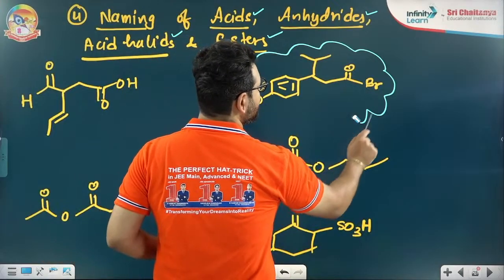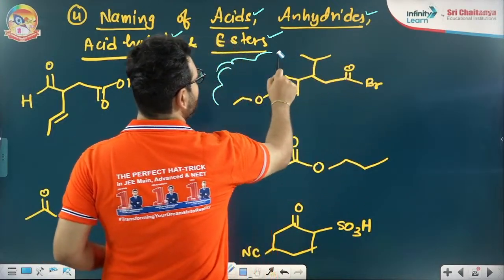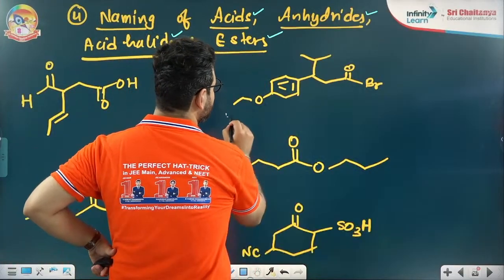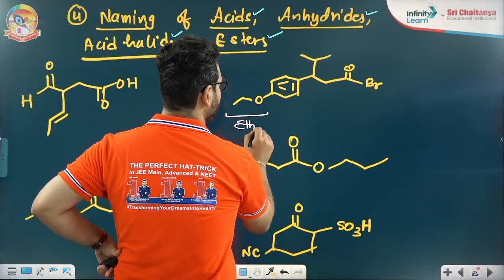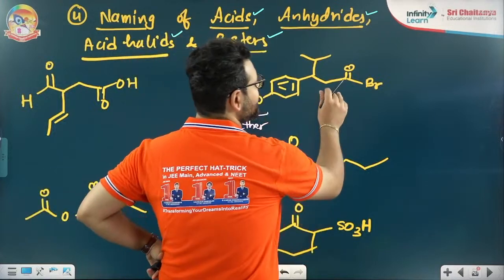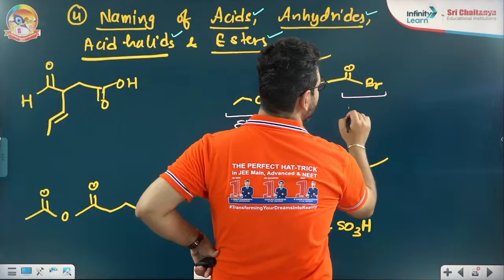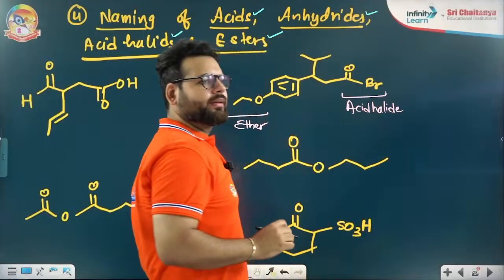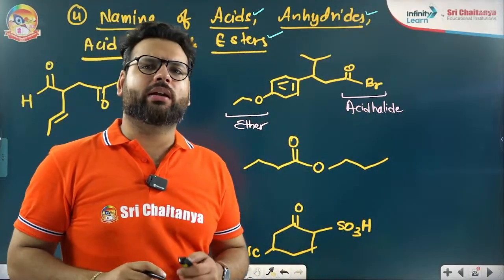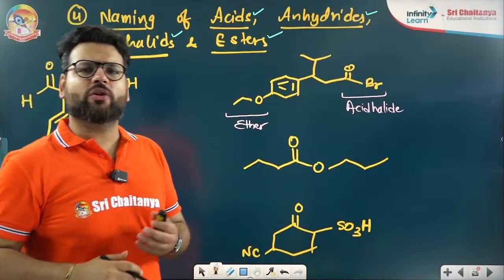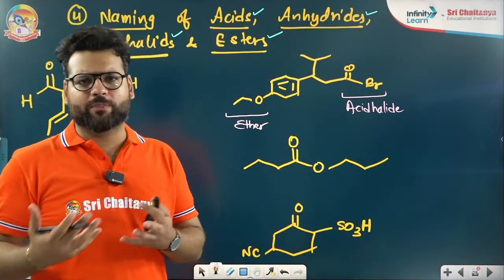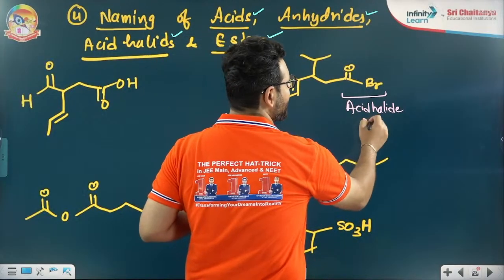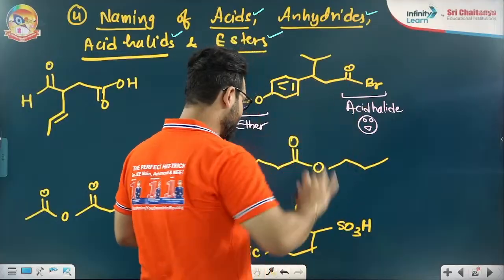First thing I'm trying to see here, what are the functional groups? This is an ether. And you know that C double bond O X, this is an acid halide. Then you try to think which of the functional groups is more prior. We know that acid halide is much prior. Ether anyways does not have any suffix. So this is our main functional group.